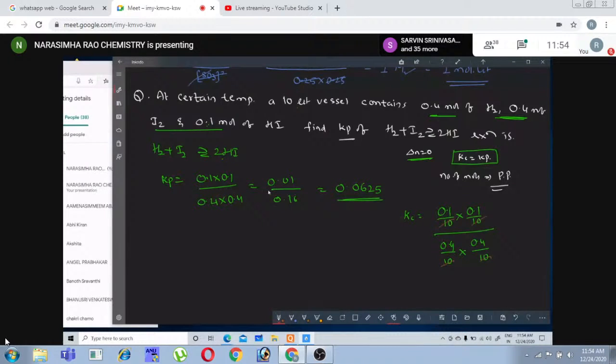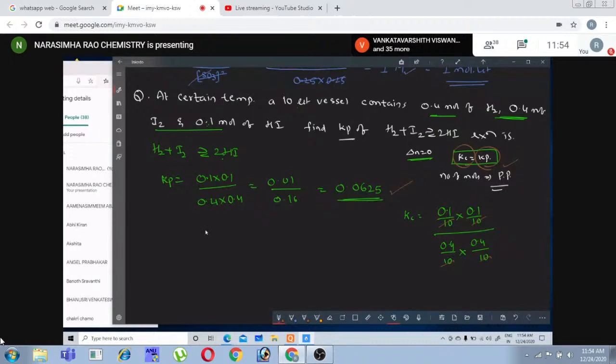Again the same comes to you, 0.01. Okay, then on solving this we get this value. Kc is equal to Kp. If you solve the Kc value, then you get the Kp value. Why? Because delta n is equal to 0. Rakesh, understand? Yes, sir. Right.